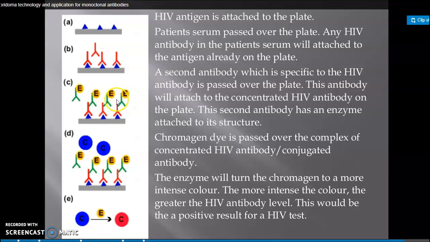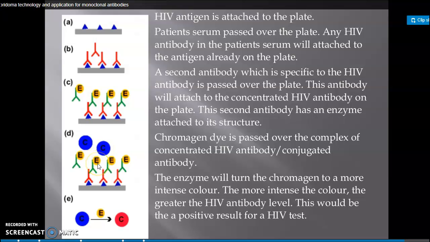The specificity of the second antibody is that it is clubbed with an enzyme. Now I add a chromogen, a dye, and if the enzyme is present, the color will change.